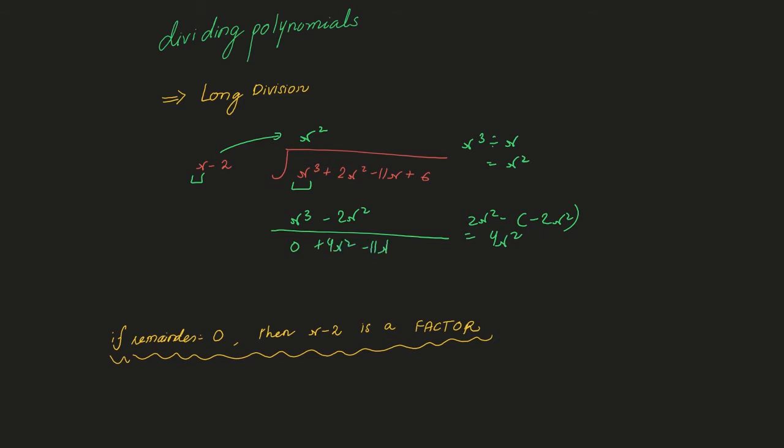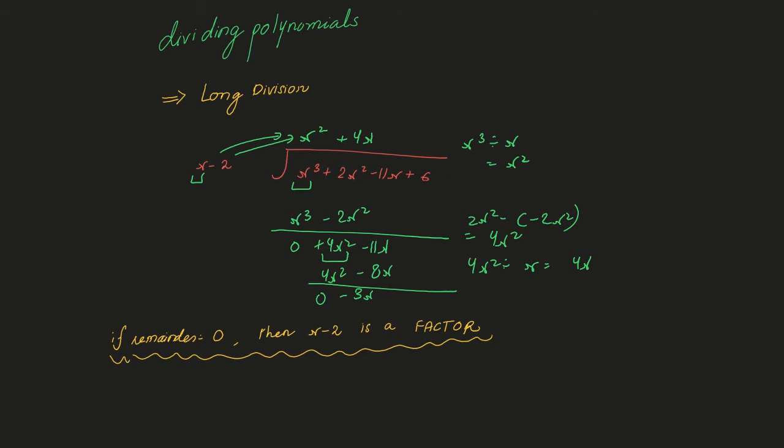Alright, the next leading term here is 4x squared. We divide 4x squared by x, and that gives you plus 4x. Multiply this with x minus 2, and you get 4x squared minus 8x. This gives you 0 minus 3x.